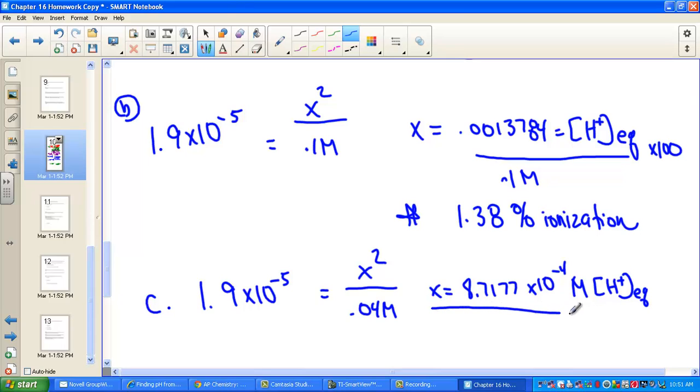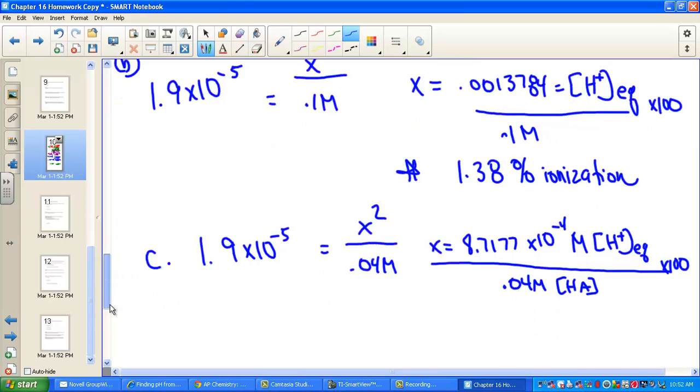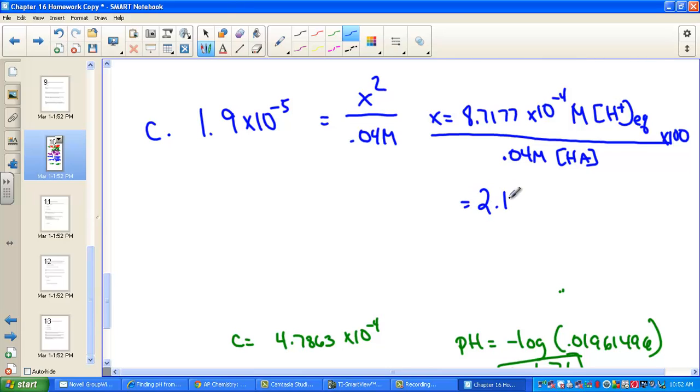Back to that original ICE chart. That's not yet changed. But now that original acid is 0.04 molar, I'll just write that generically as HA, expressed as a percent. So divide by 0.04 times 100, and we're at 2.17%. Again, the value well below 5, so we're able to toss out the quadratic equation.